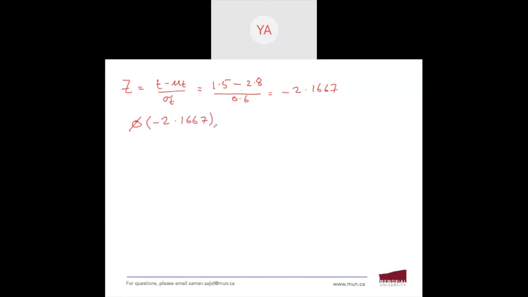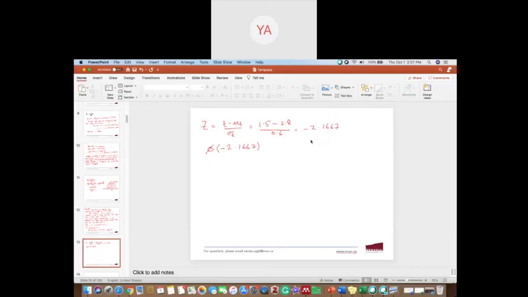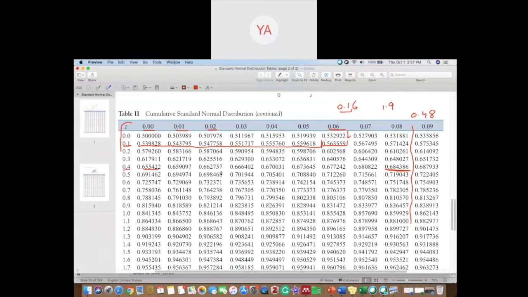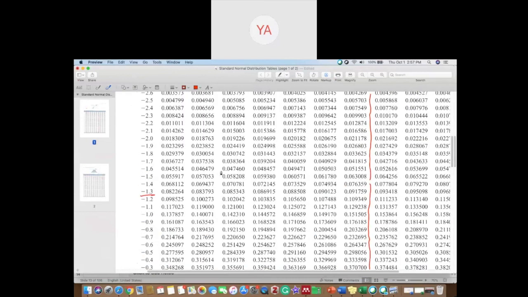Okay. Now let's go to the table. So I go back to my table and I need to find out my probability at minus 2.1667. So this is here.